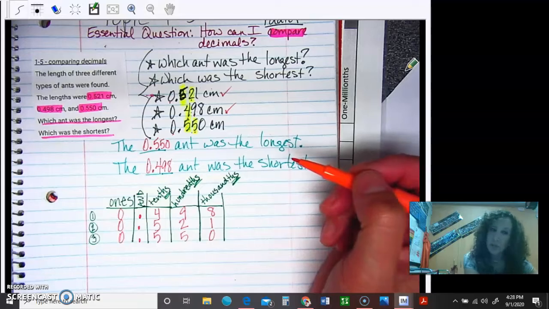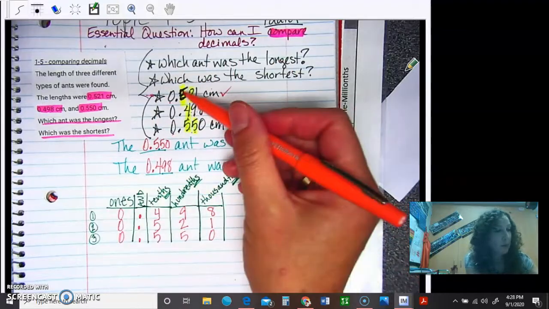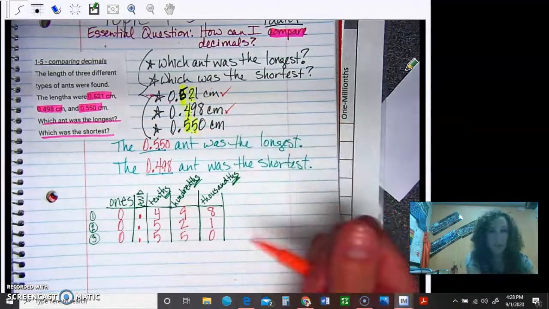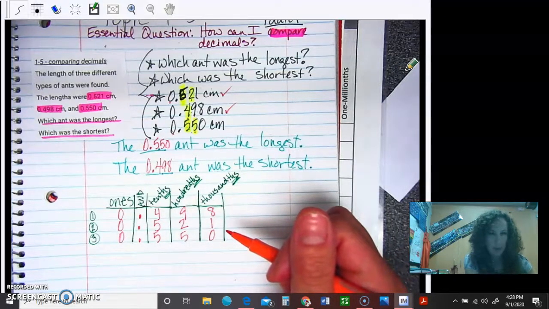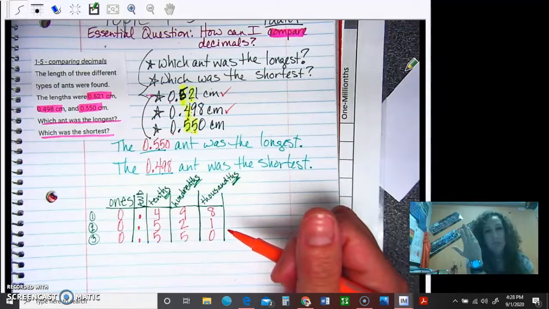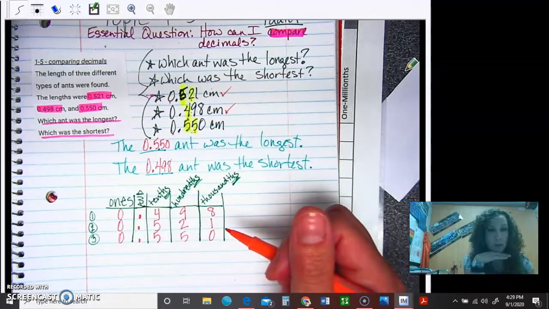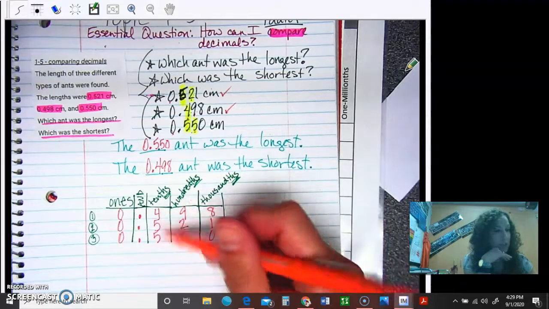So ladies and gentlemen, when you compare decimals, you have to stack them up like we did here and compare each digit. Now, in the homework or classwork, we might be practicing this also in class, if it gives you 3 numbers and says list them from least to greatest, or smallest to largest, or whatever the words are that they're using, you have to stack them up and decide.